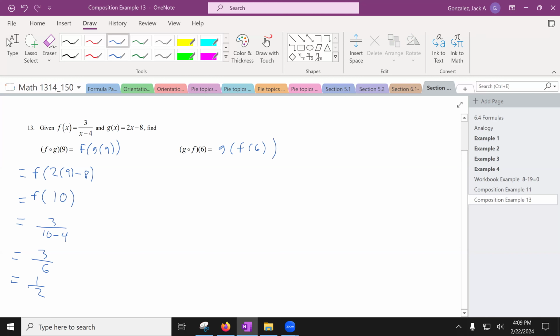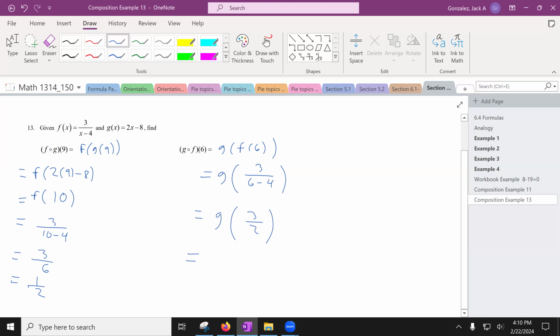The other thing you could do is find the inputs first. You could say, what is g of f of 6 first, and do that work, and then plug it in. You can do that if you want. Doesn't matter. G of f of 6 would be 3 over 6 minus 4. That would be 3 over 2.